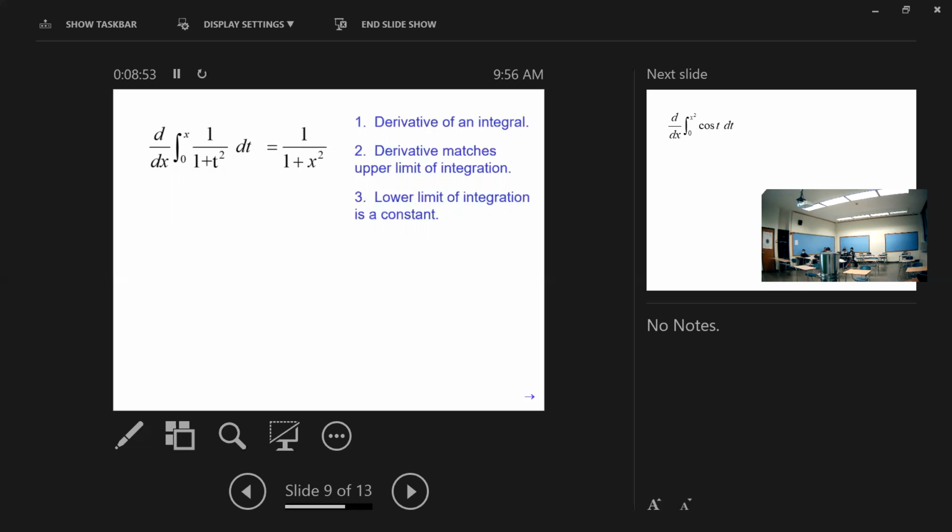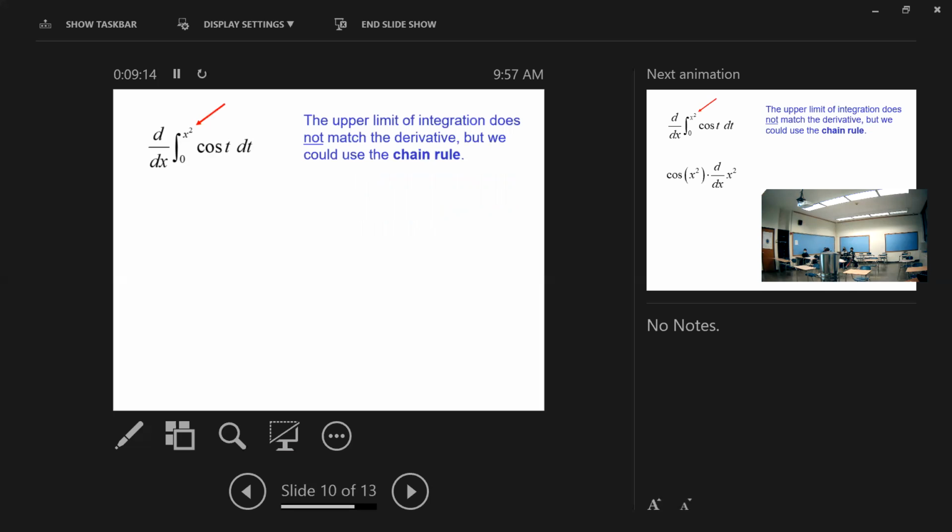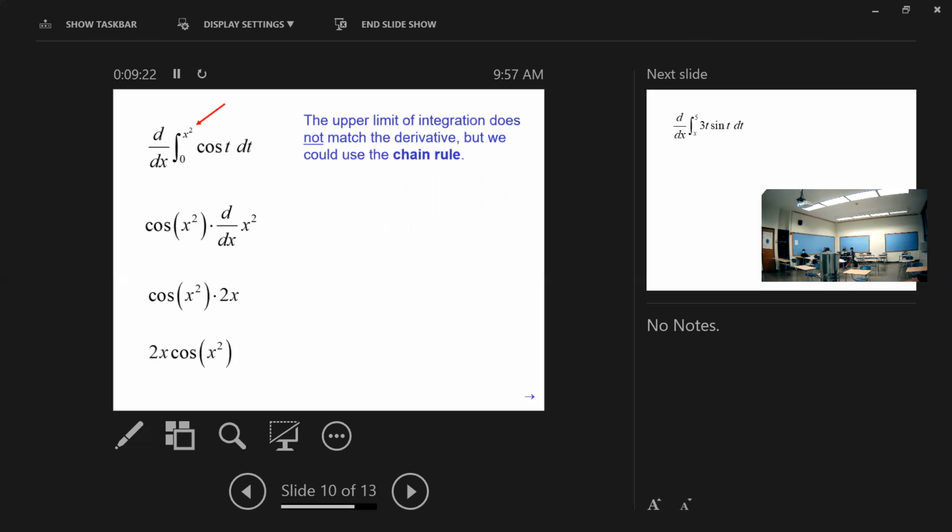Because when you did this, you multiply this thing by the derivative of the upper limit. The derivative of the upper limit was 1. But that's the identity of multiplication. You didn't notice it. So here, when it isn't a 1, we get this.